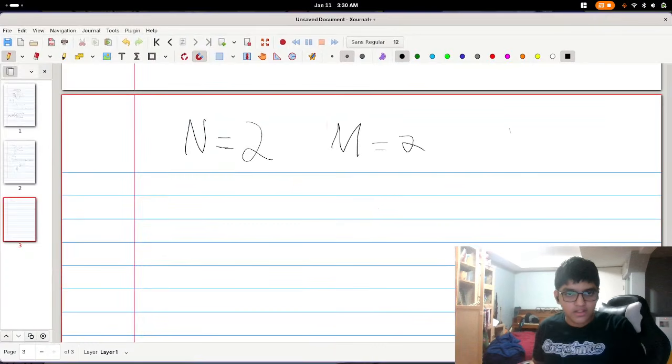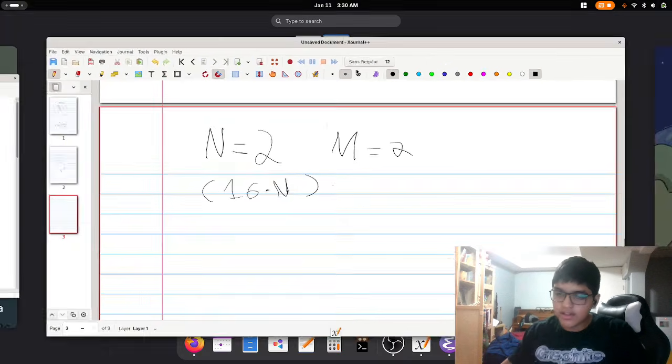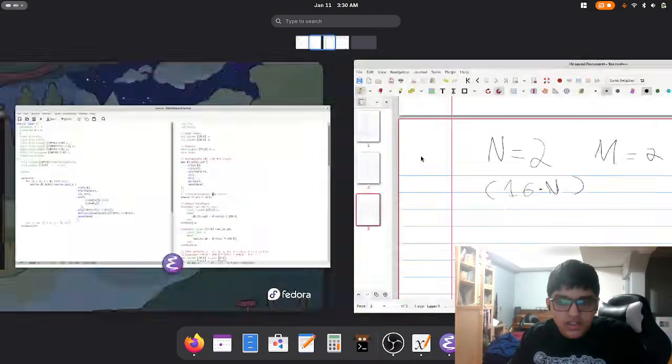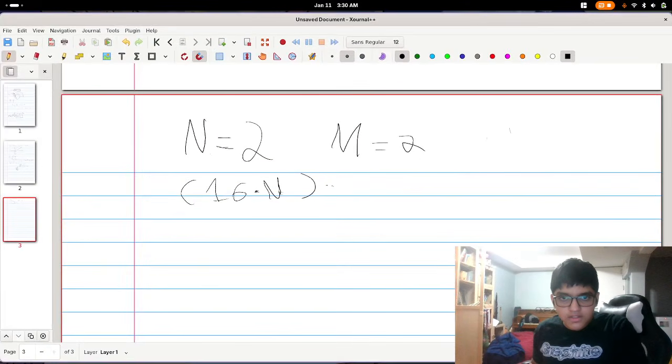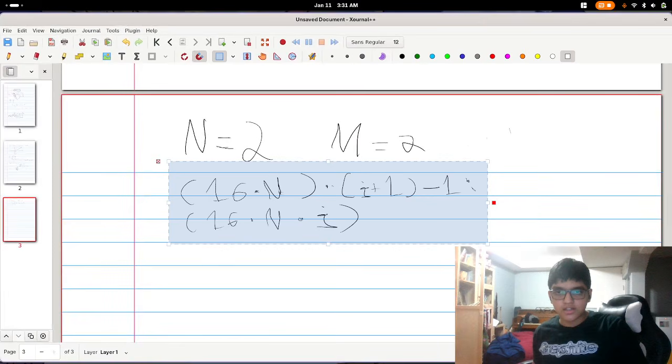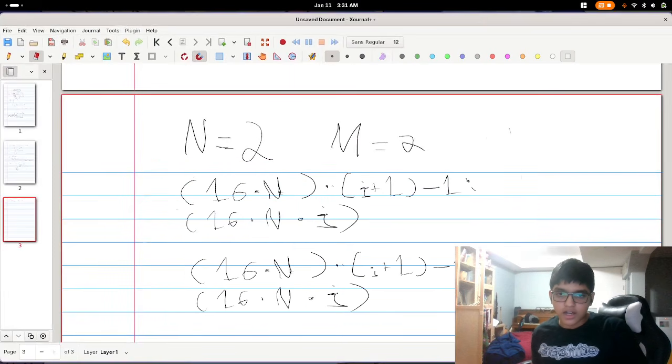So 16 times n, that's an m, 16 times n times I plus 1 minus 1 to 16 times n times I. So we can copy this, paste this. Let's replace I with 1, and n with 2.